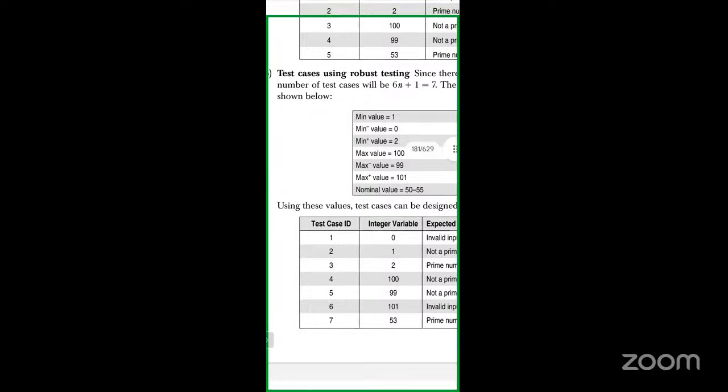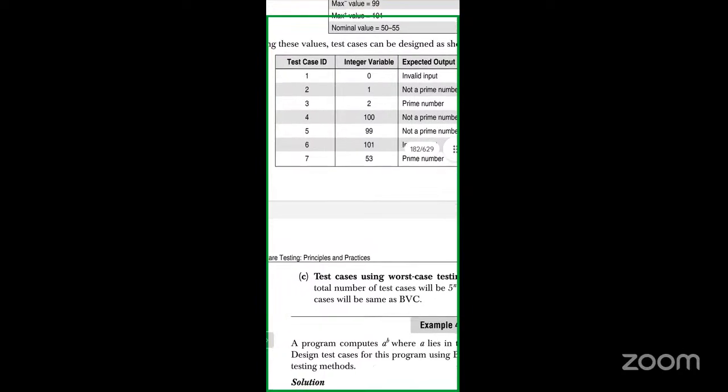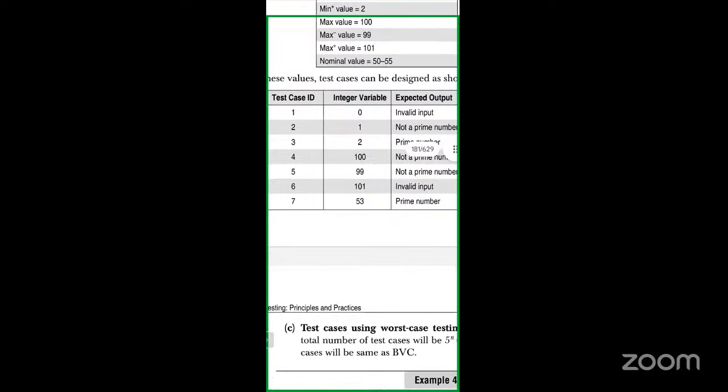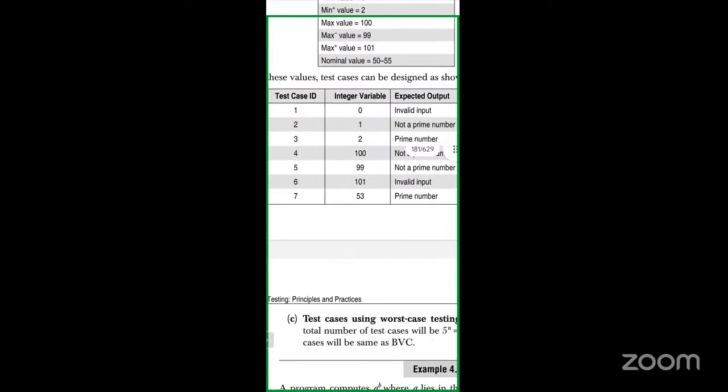For the integer variable, we are checking 0, 1, 2, 100, 99, 101 and 53. 1 was already tested in the first phase, and 2, 100, 99 and 53 were tested. The only two values which we have newly included are 0 and 101.